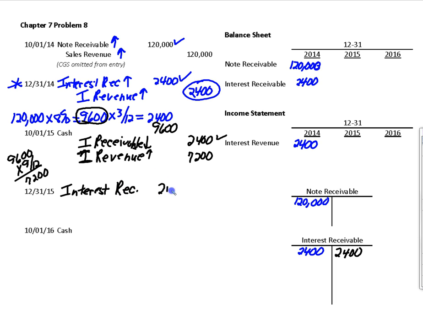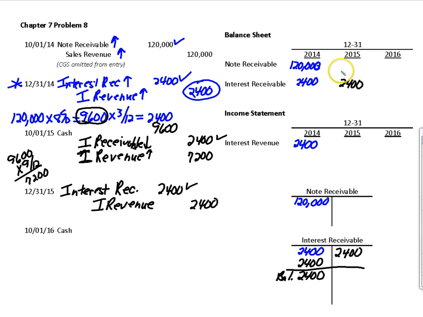We already did the calculation up here. 3 months of $9,600 is $2,400, and recognize interest revenue for $2,400. Okay, let's go post that. So we post our debit, and we end up with a debit balance at the end of 2015 of $2,400 in interest receivable.